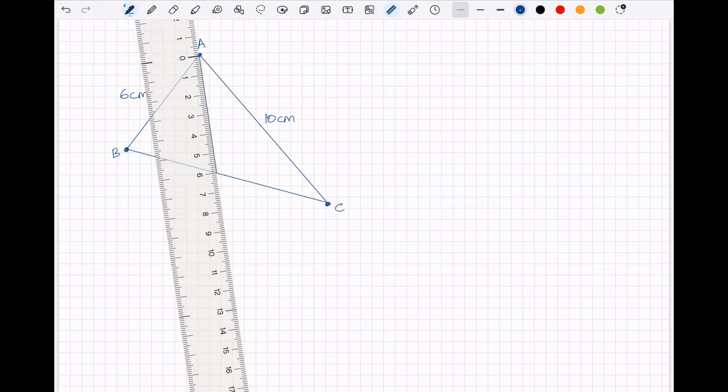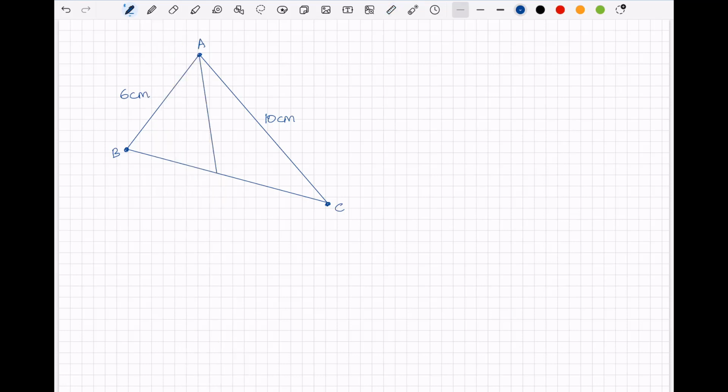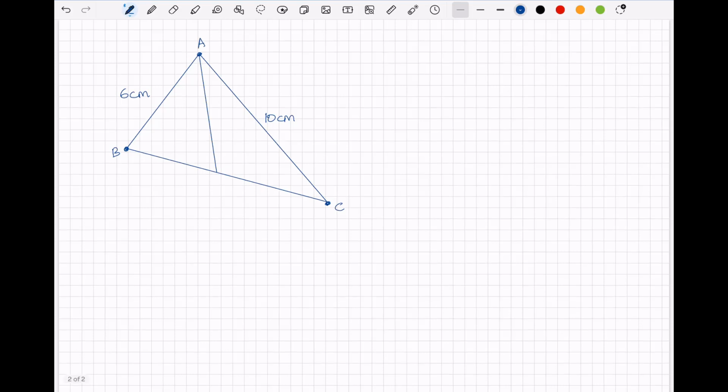This is not perfect, but at least somewhat accurate. I'll call this new point D, and the line AD also has a length of 6 centimeters, making ABD an isosceles triangle, and that will be useful to keep in mind for later.